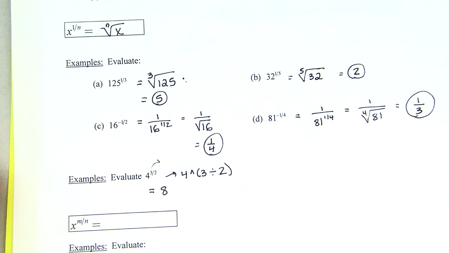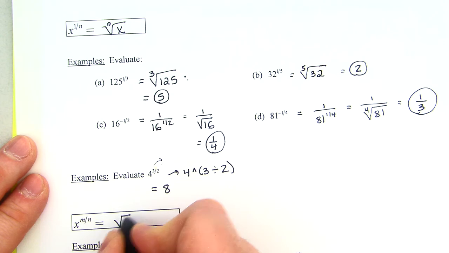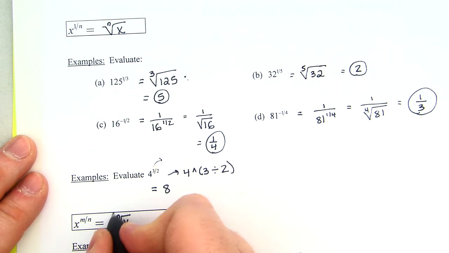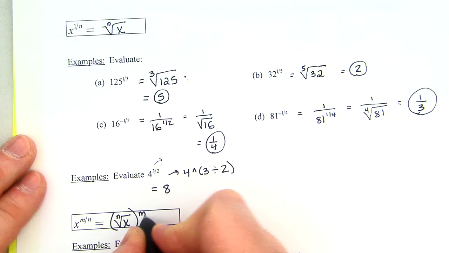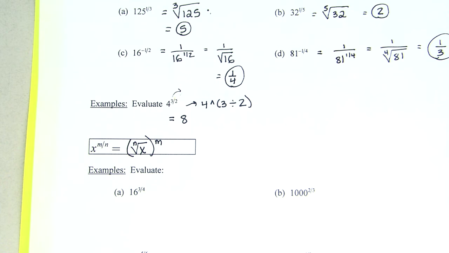When you have a fraction power where the top is not 1, it's like there's actually 2 things happening. There's a root and there's a power. If I want to do x to the m over n, I'm going to do the nth root of my number, and then I'm going to raise my answer to the m power.